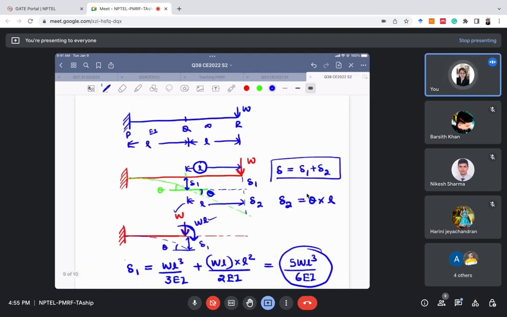Finally, we will add the value of delta 1 and delta 2 and we'll get our answer of final delta. So the trick here is to shift the load to point Q and then do the calculations. The important thing was, since that part QR has infinite flexural rigidity, it will not bend, so it will go in a straight line up till here.